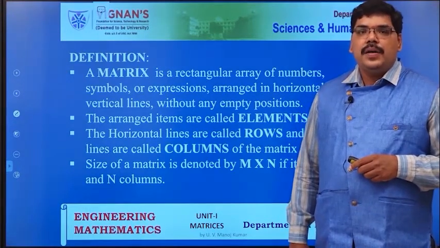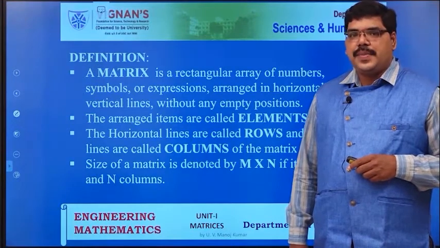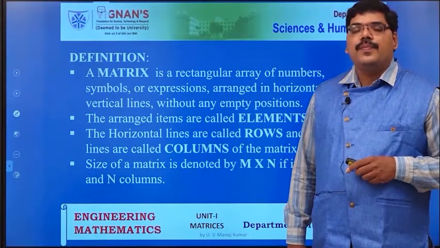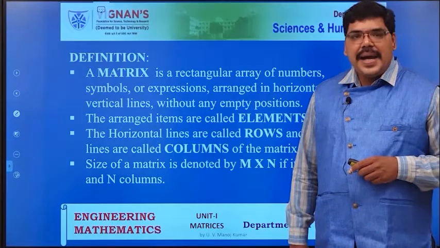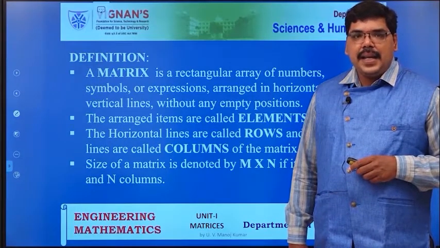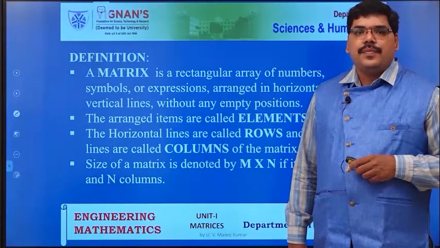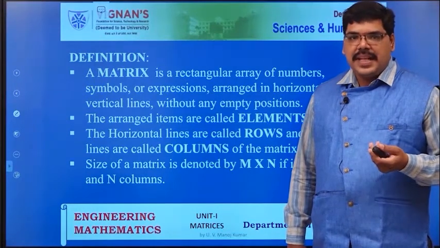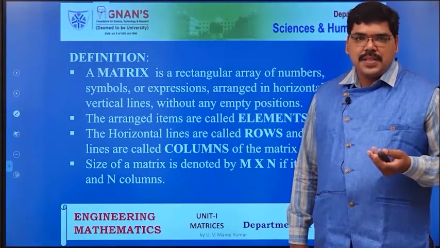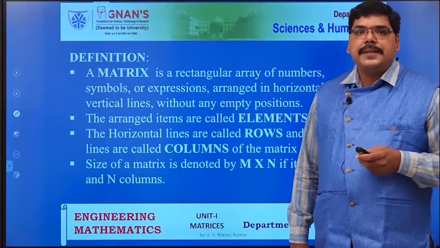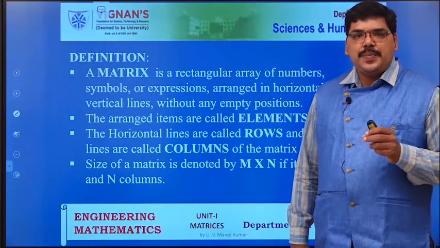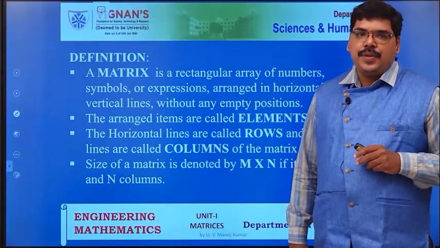Definition. Here we are defining what a matrix is. A matrix is a rectangular arrangement of numbers, expressions, or symbols in such a way that there is no empty space in that arrangement.